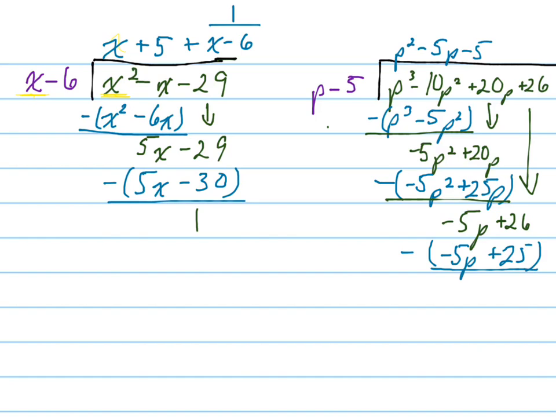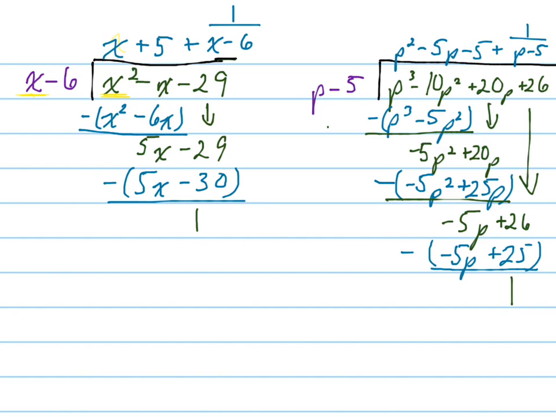So what do we get as our remainder? We get 1. So that means I'm going to add my remainder at the end. So that's plus 1 over P minus 5. All right? So that's how we do long division.